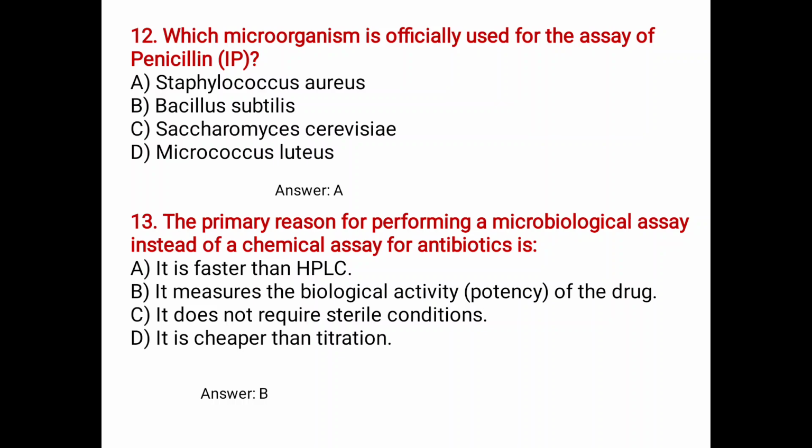So for vitamins, identification is by HPLC, chromatography, spectroscopy, colorimetric methods, and for antibiotics the assay is by the cylindrical plate assay method, turbidimetric assay method. You have to remember this.